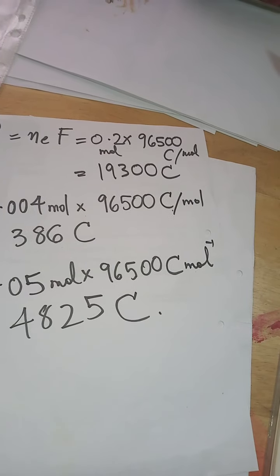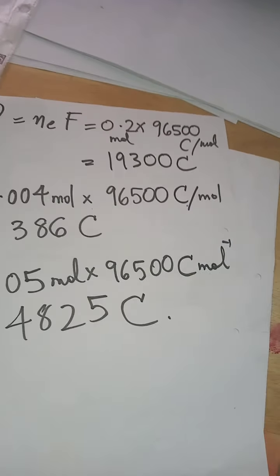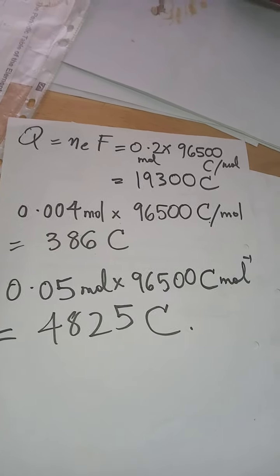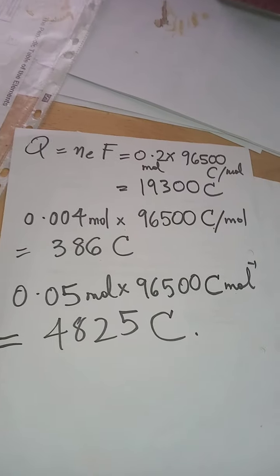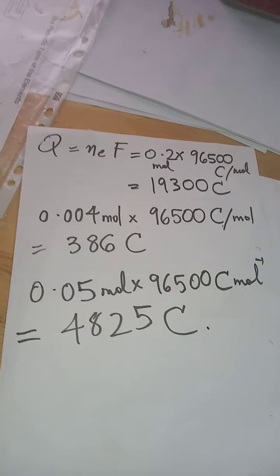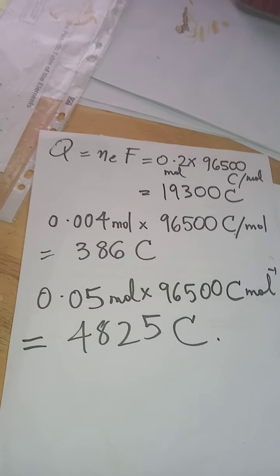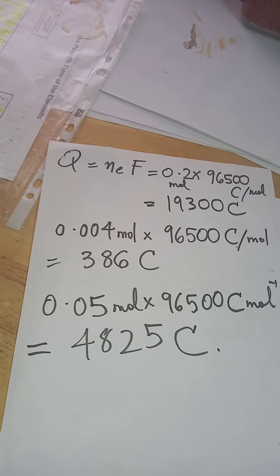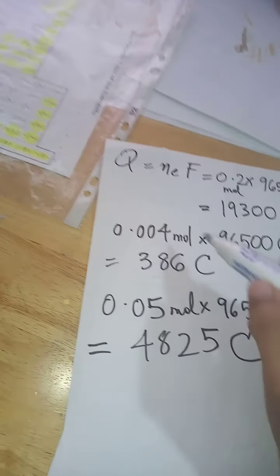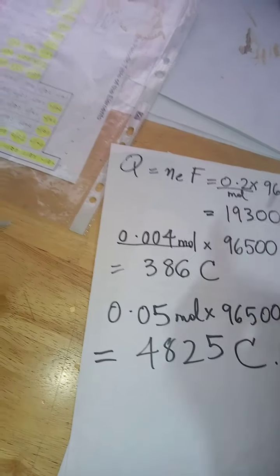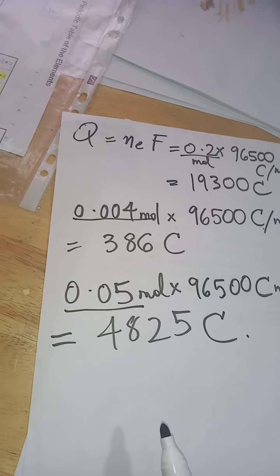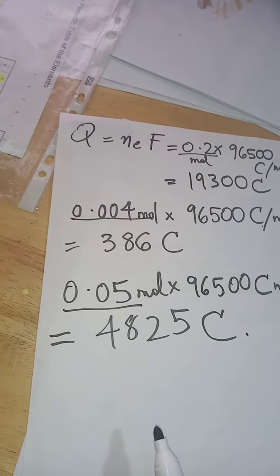And so how many moles of electrons are needed to carry the following amounts of electric charge? 1930 coulombs, 482.5 coulombs, 96.5 coulombs, 28,950 coulombs. So now we are twisting the equation. First we found the electric charge for these moles of electrons. Now we have the charge and we want to find the moles of electrons.